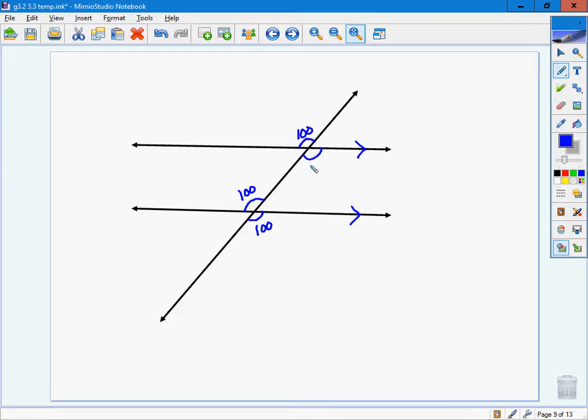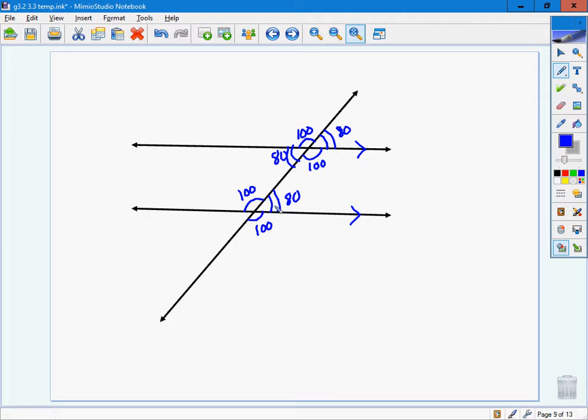How big is this one? It's vertical, alternate interior, or corresponding. How would I go about finding the one that's missing? Subtract it from 180. This forms a linear pair. These would be same side interior or corresponding.